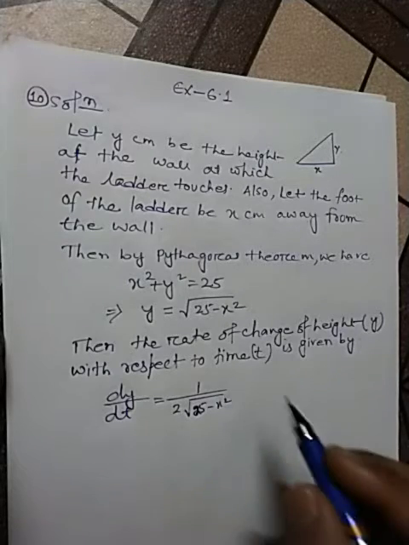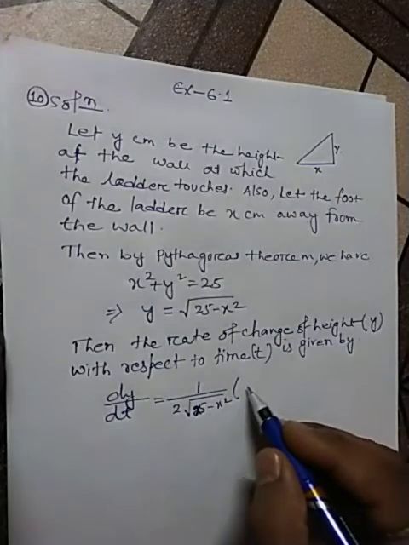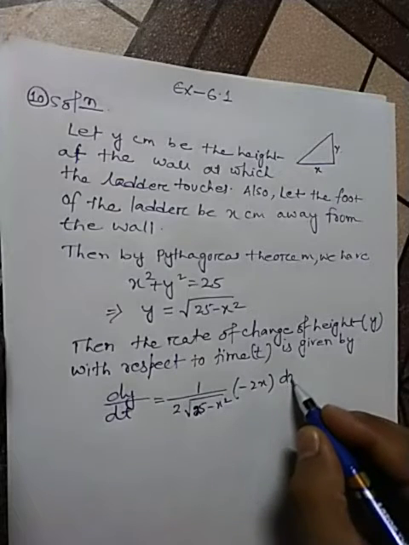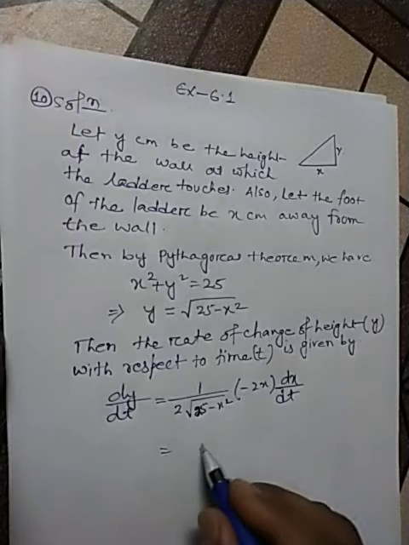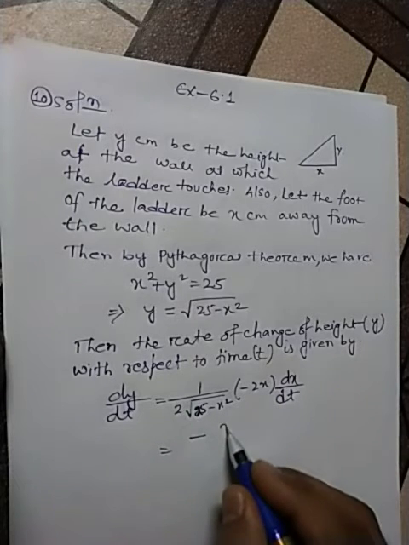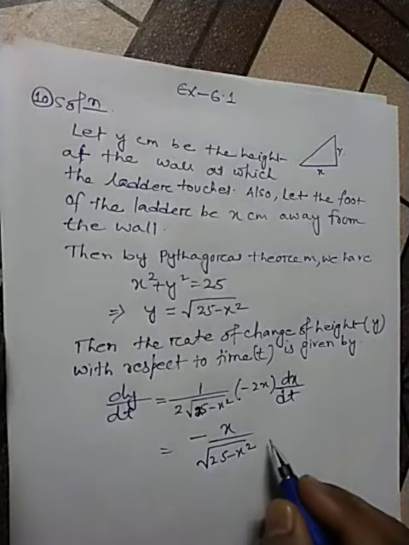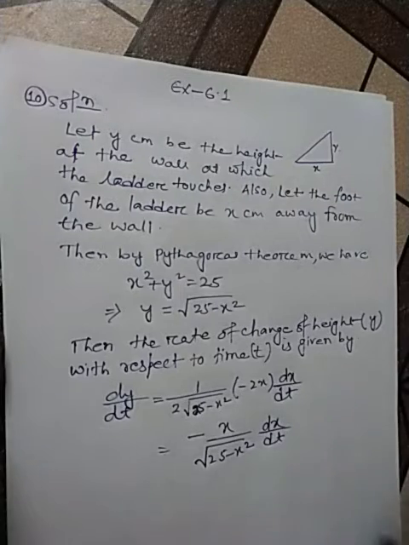Again for 25 minus x square, if you differentiate you get minus 2x, and dx by dt. The two will get cancelled. So minus x divided by root of 25 minus x square into dx by dt. Clear?